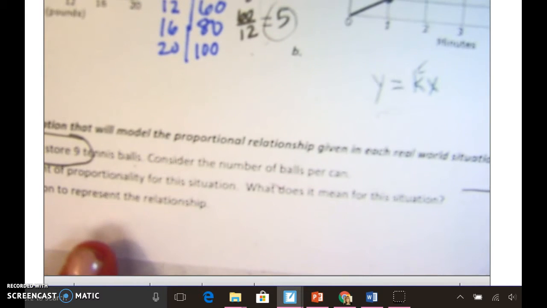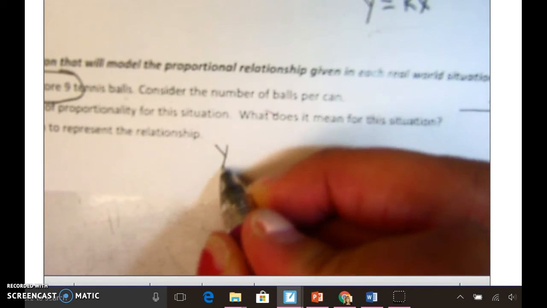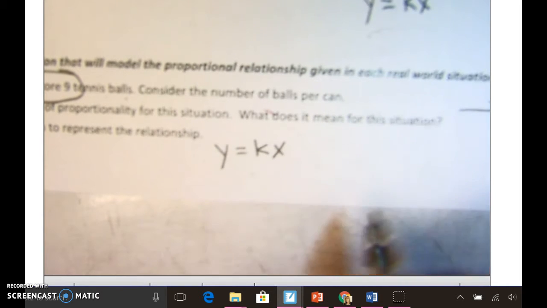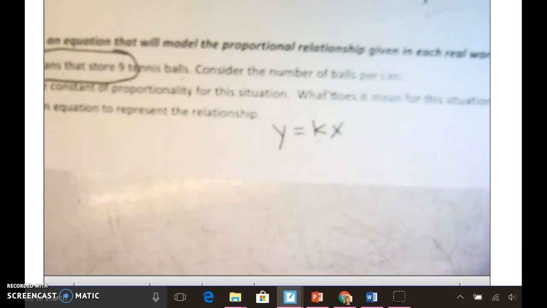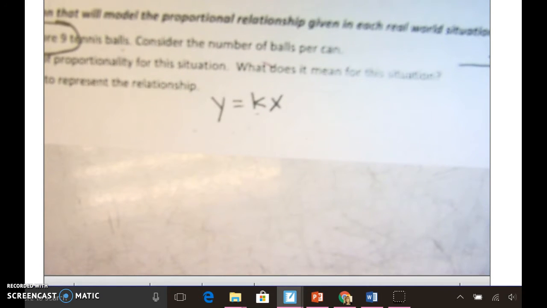Once you get this, it helps you answer this one. Because once you get that ratio down to 1, then you can write y equals kx, but instead of k, you're going to write what this constant is. Y equals something times x.